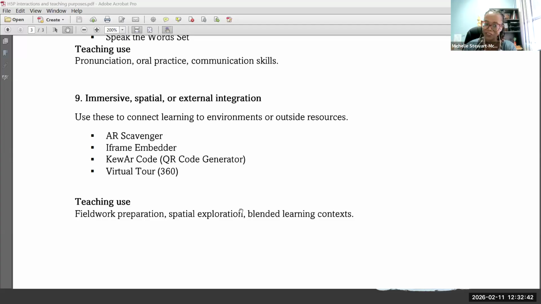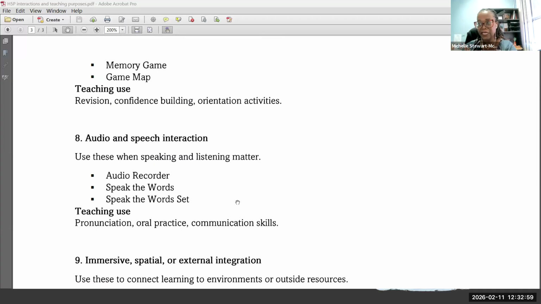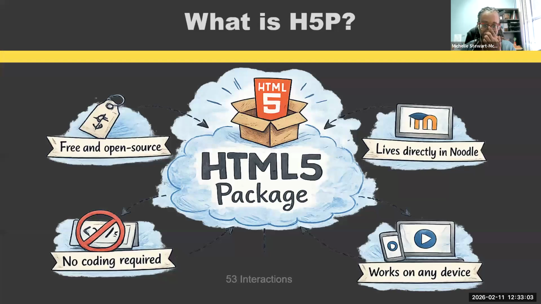They move around in wherever it is you have set up for them, so they get to explore, looking from point A all around back to point A. So this is something that is really cool, and these are all 9 categories, all 53 interactions that exist in H5P.